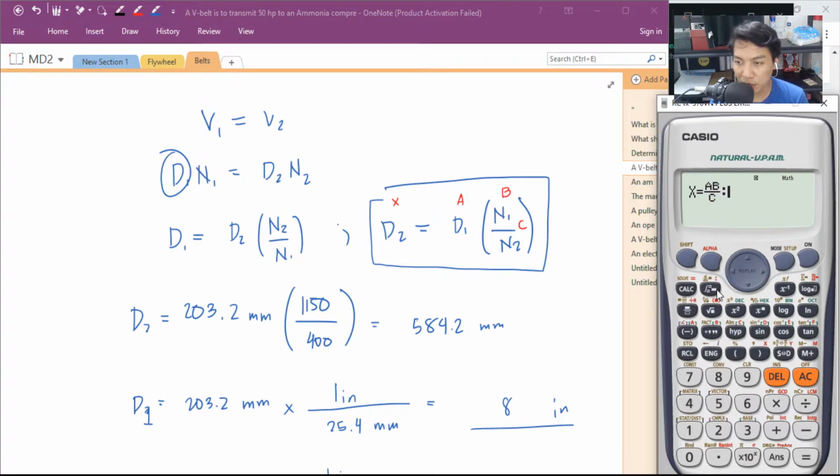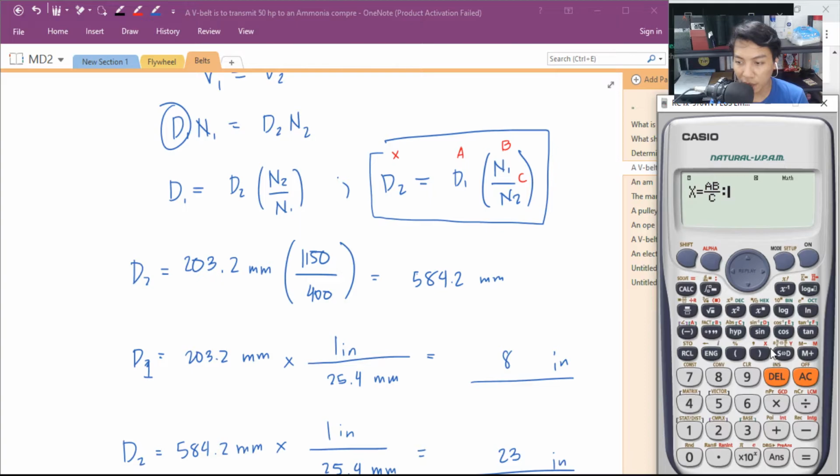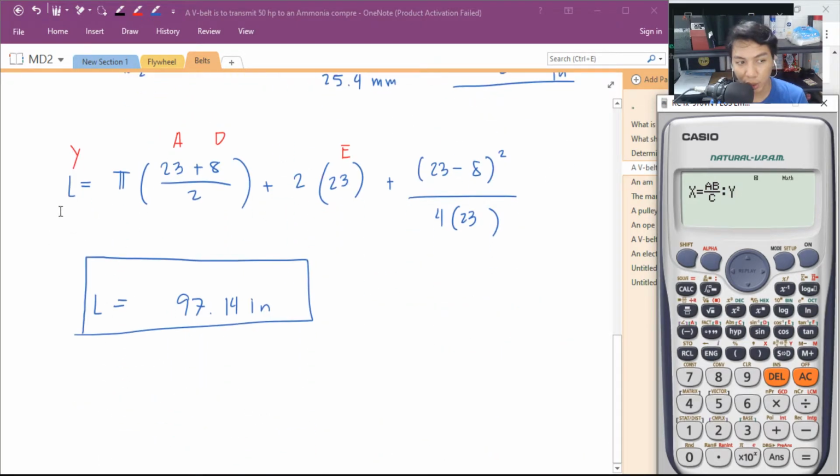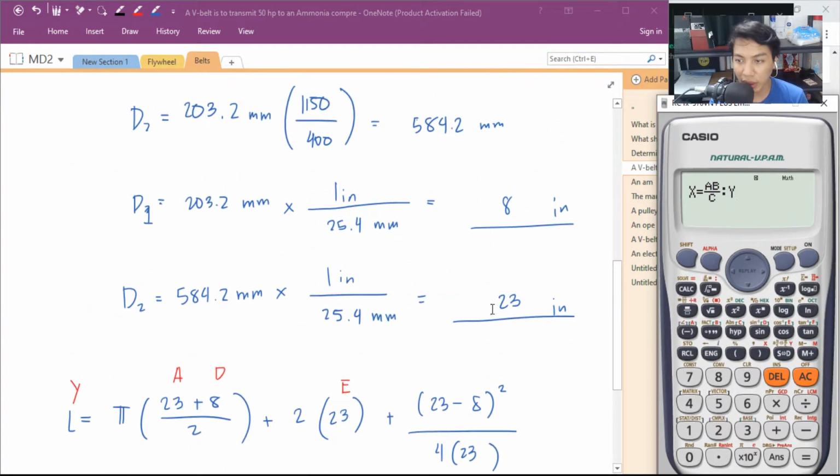Tapos, kunin mo si semicolon, and then alpha y, which is isosolve natin itong length of the belt. Okay, the length of the belt is equal to, ano yung equation nun? Ganito.